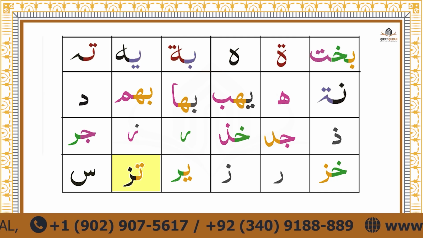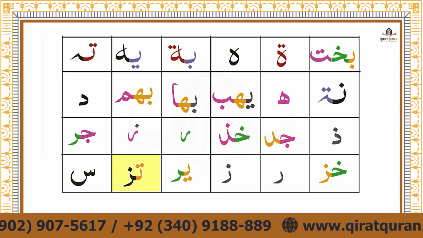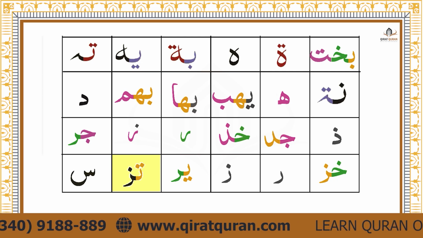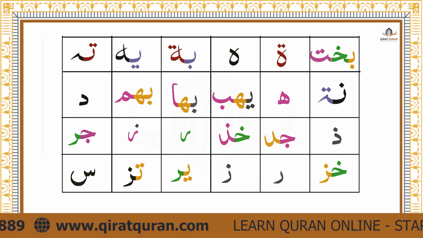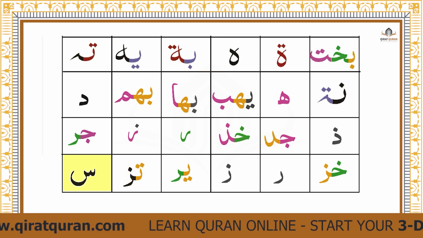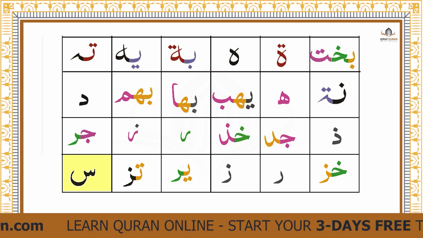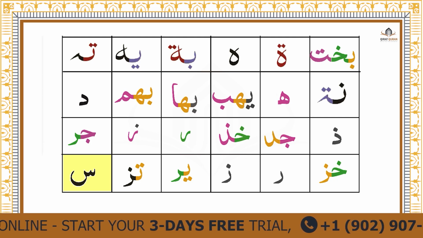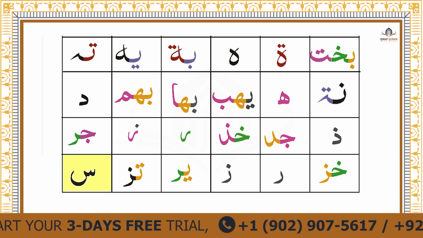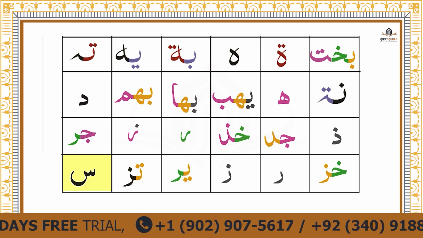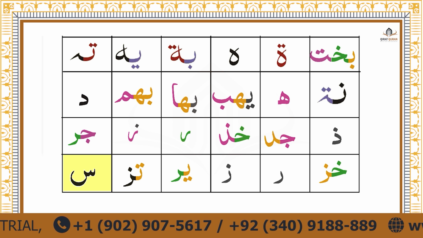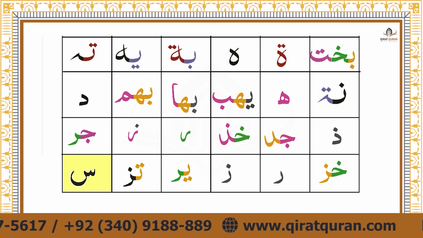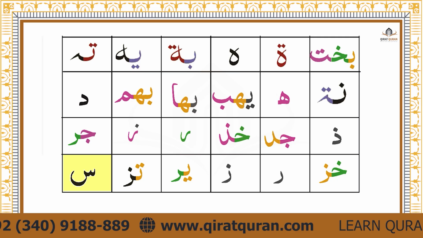And then the second one, the black one, is za. Ta, za. And the last letter we have here is seen, because seen is alone here and in its original form, so we can easily recognize that it has three curves in the beginning and a half round shape, which shows that this is seen.